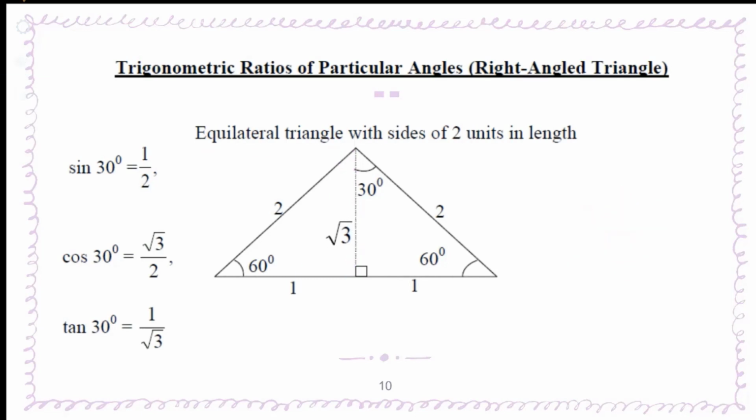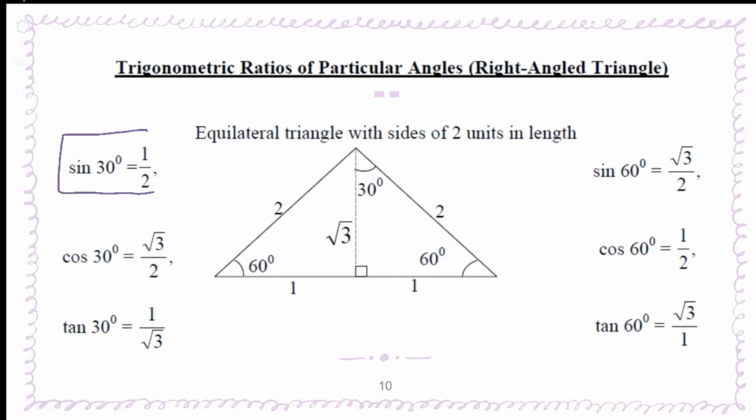Now, we can also find out what is sine 60. From here, sine 60 is opposite over hypotenuse, which is square root 3 over 2. And we can find out cos 60 and tangent 60. Notice that sine 30 is the same as cos 60.